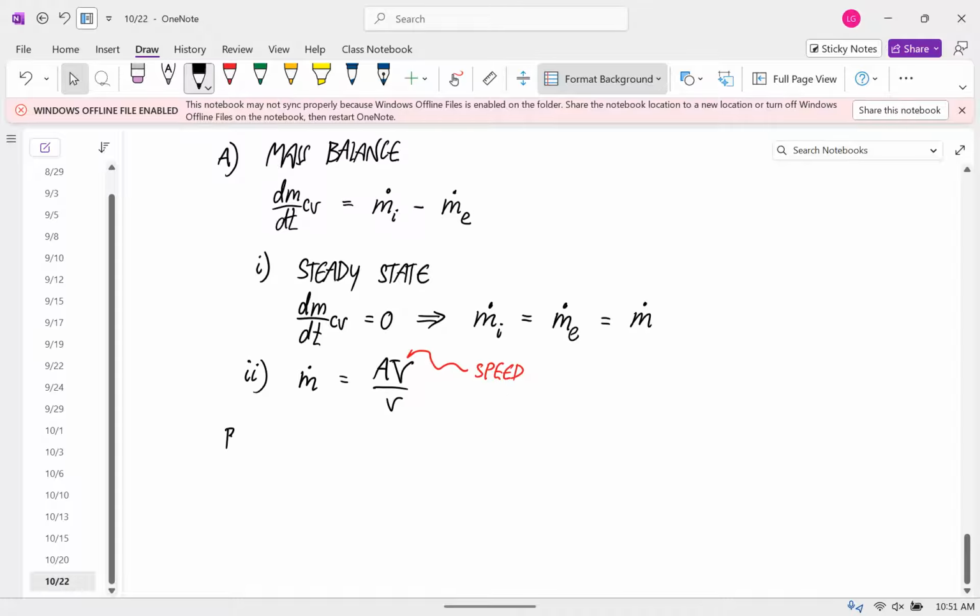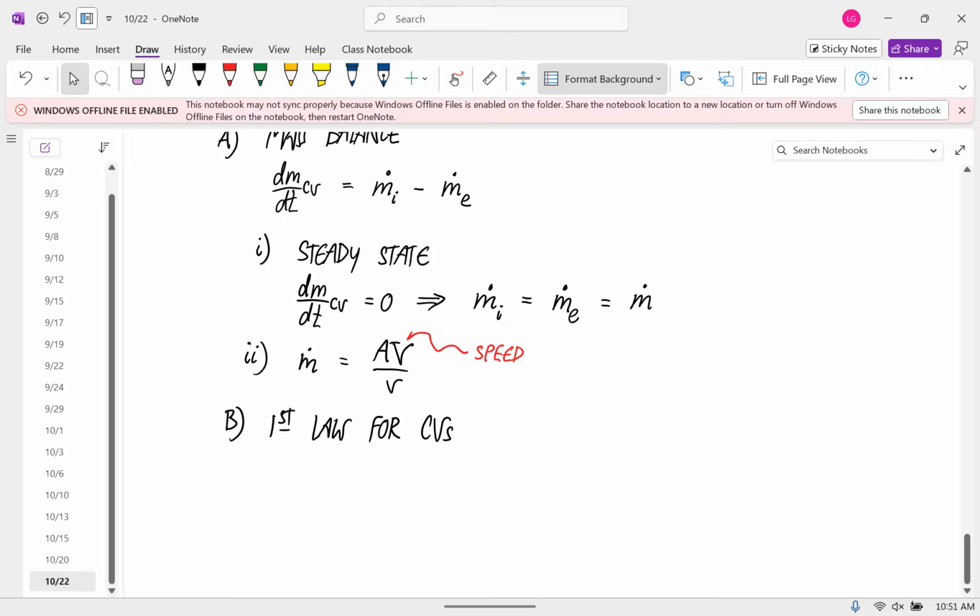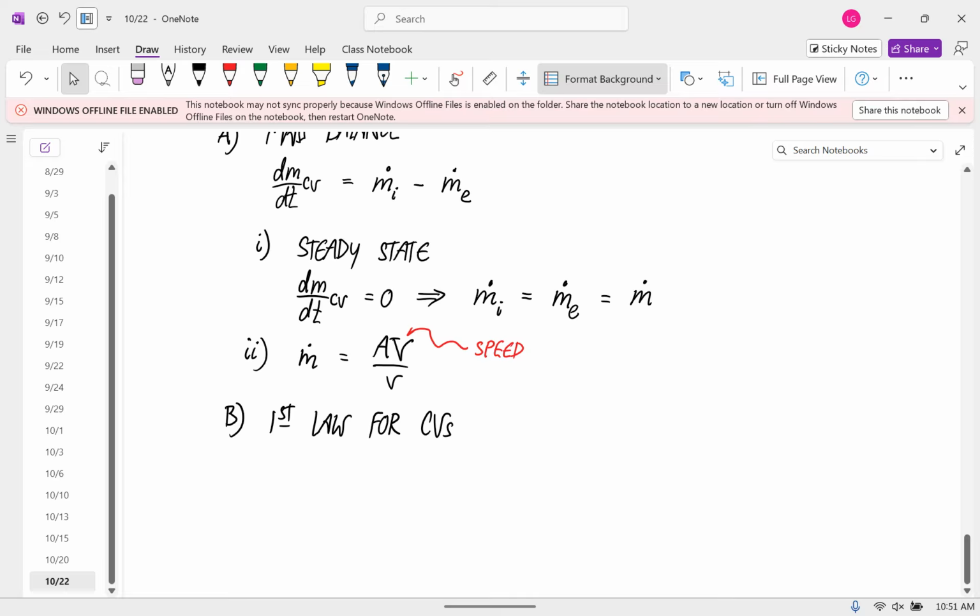And then second is the first law for control volumes. I'm just going to write out the whole form here.